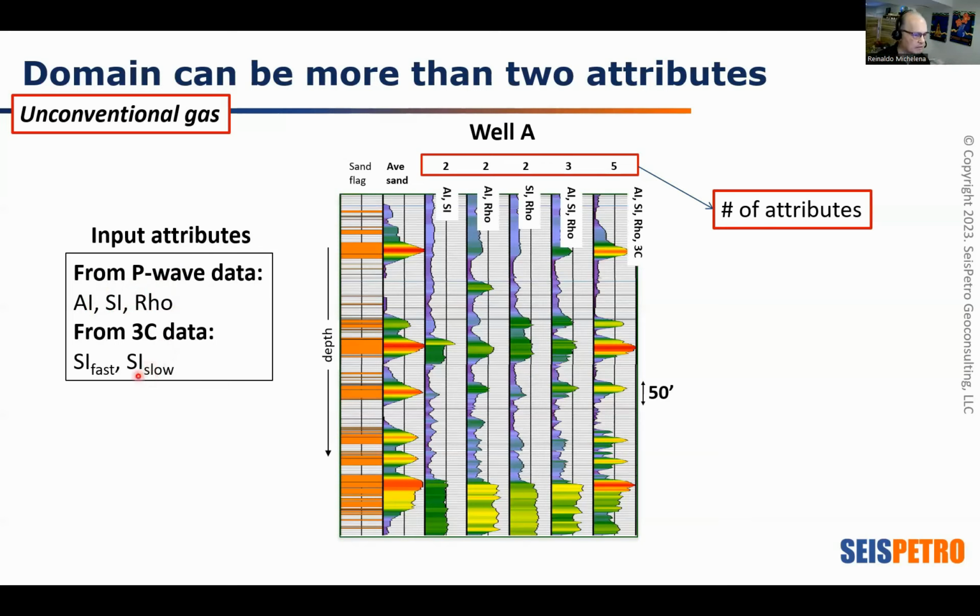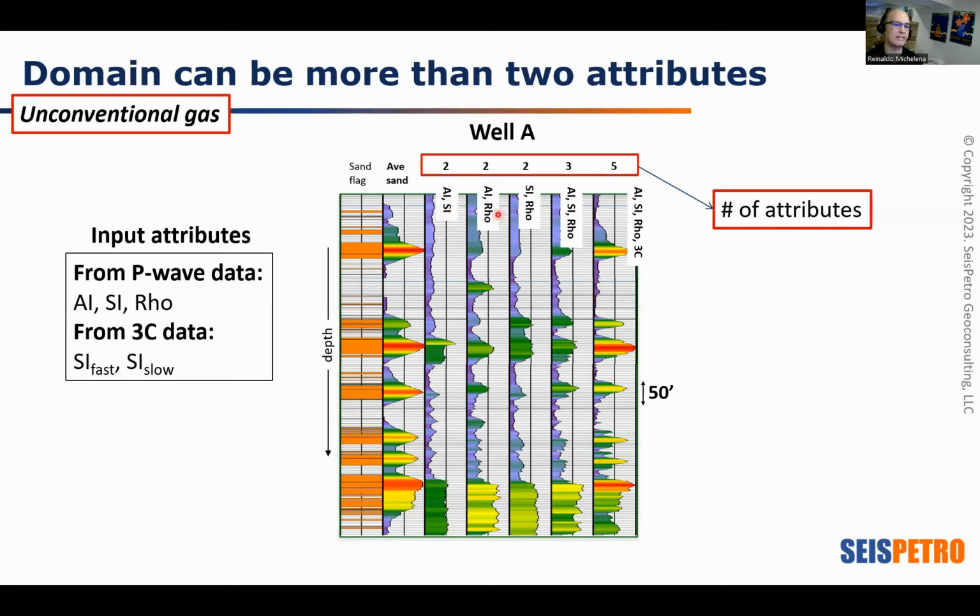So what I show here for one well is these results. The first track is the original facies flag. The second track is the average of this flag. Then what you see in the remaining tracks are the probabilities that came from the combination of, let's say, AI and shear impedance, AI and density, shear impedance and density.